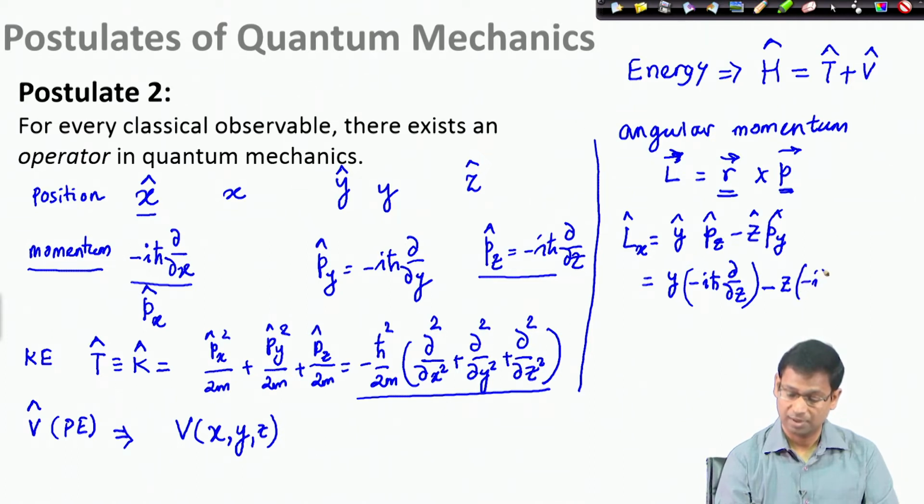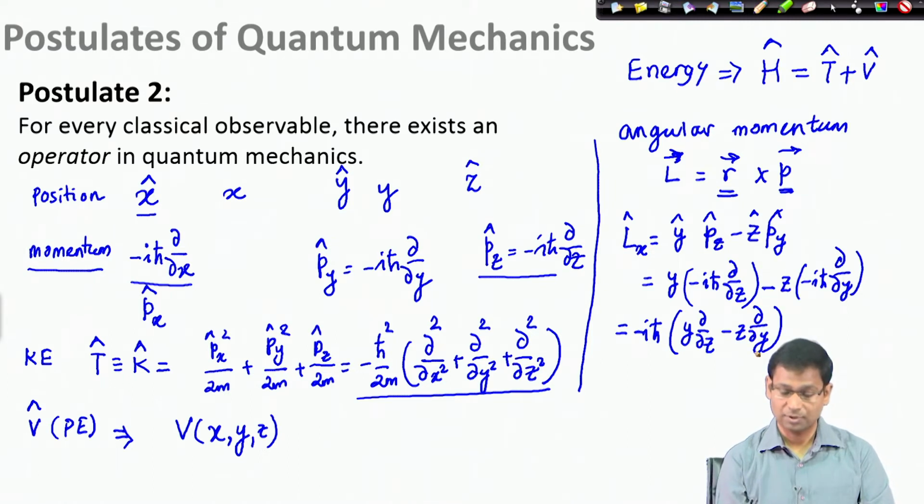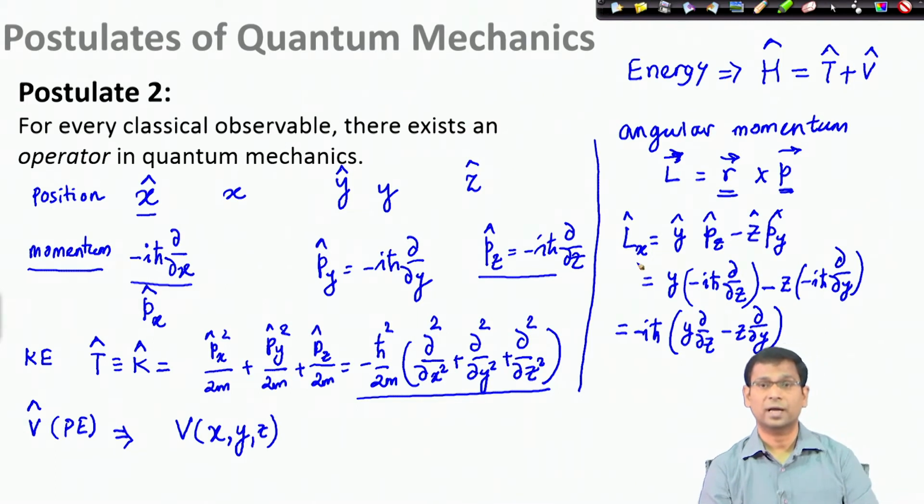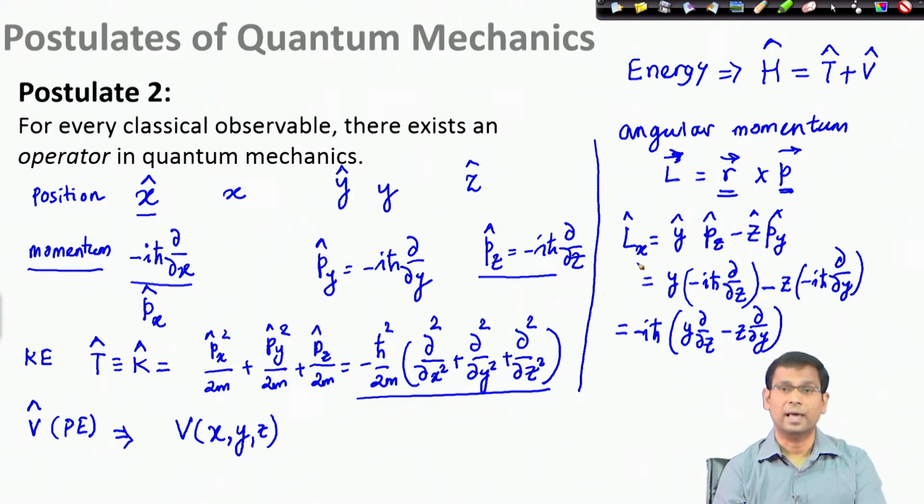That is minus i h bar d by d y. If I solve this, I would have minus i h bar, y d by d z minus z d by d y. Now, this is the quantum mechanical operator corresponding to L x.